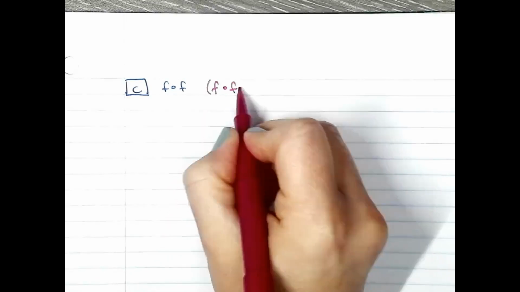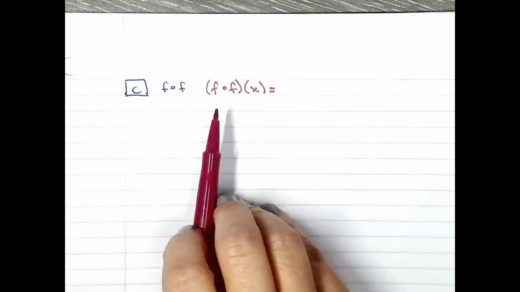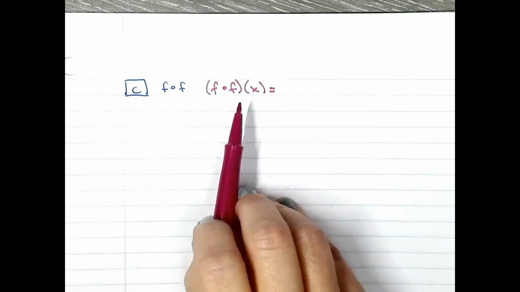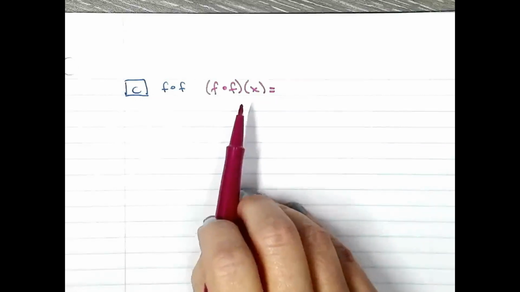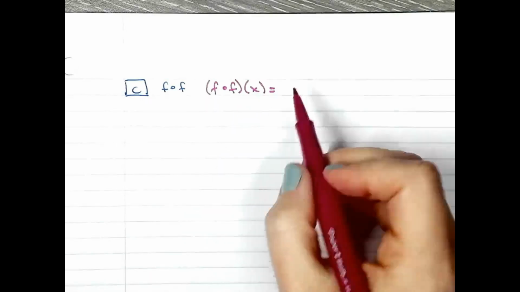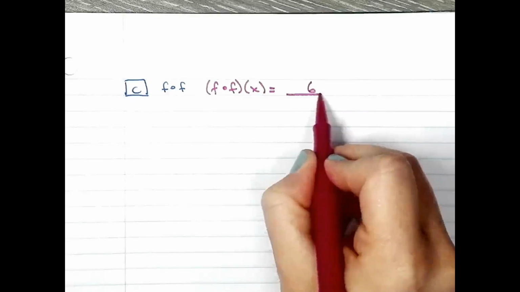So part C, I will find f compose f of x. And you're going to find this weird at first, but you'll get used to it. It's more often than you think. So I'm going to replace the function itself. My f of x function is 6 over x minus 7.